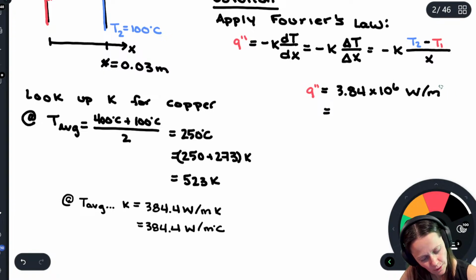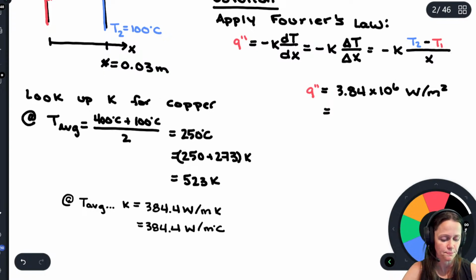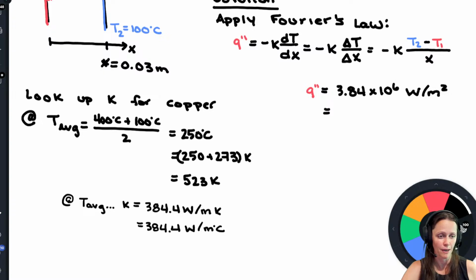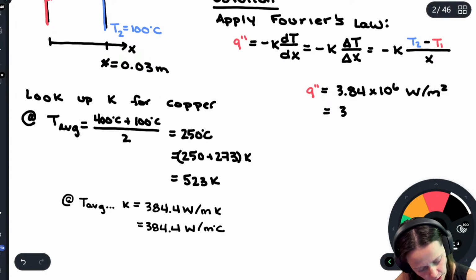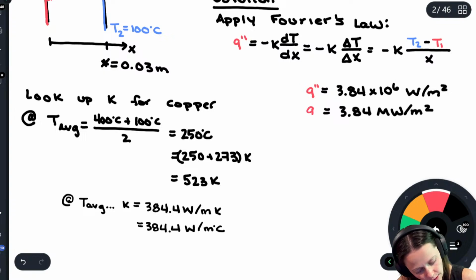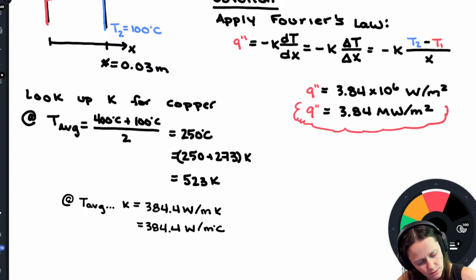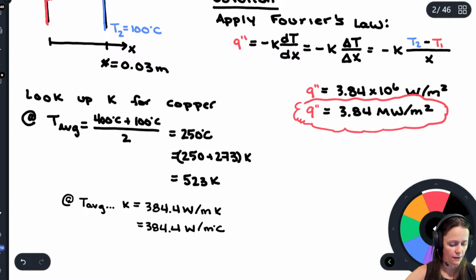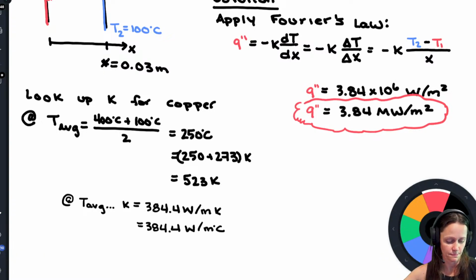Watts per meter squared. There we go. Perfect. They did ask for it in megawatts, so I could do that. That would be just 3.84 megawatts per meter squared. And that's it. We'll put a happy little bubble around there. Oops, a little angry down there in that lower left-hand corner for some reason. All right.